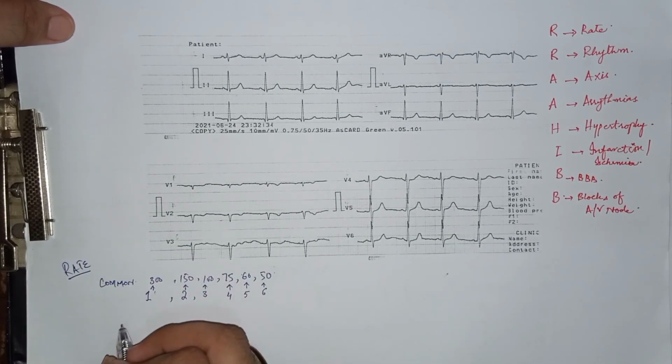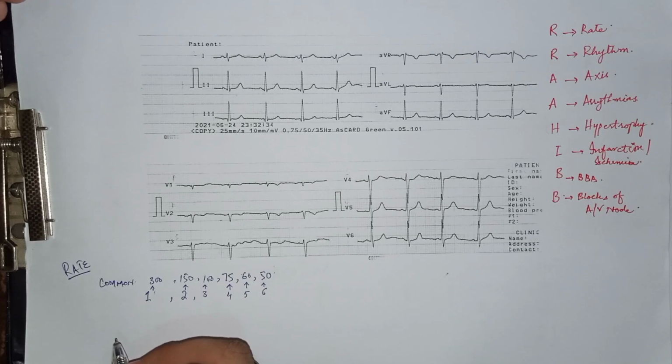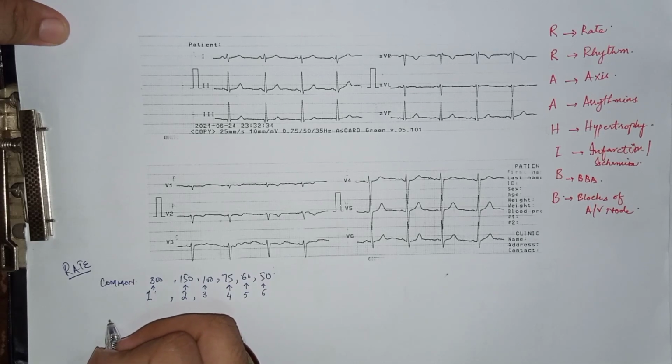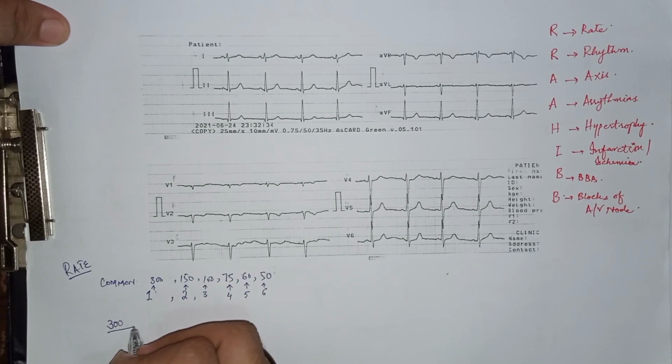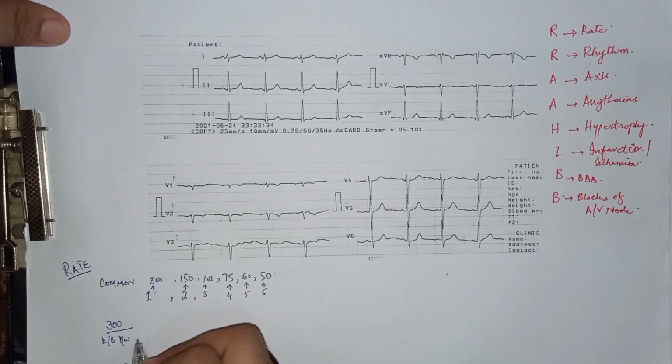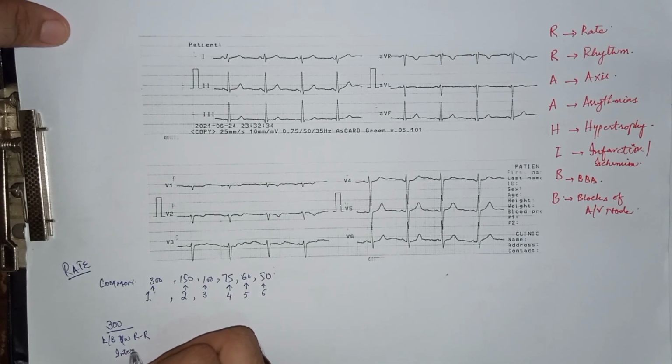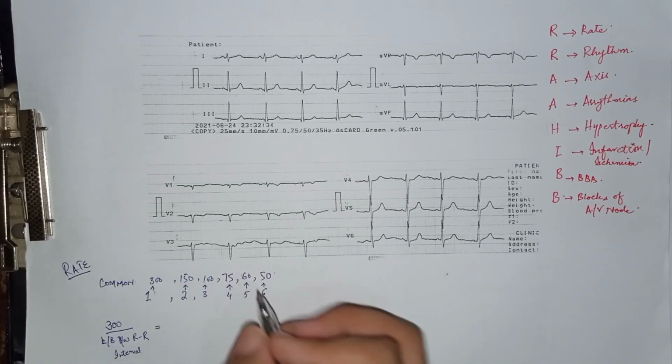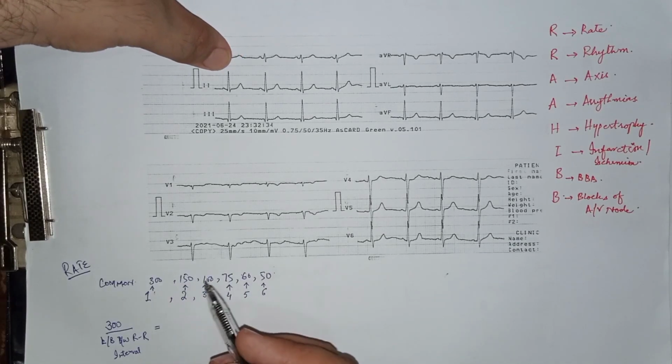The second method is by mathematical calculation. The formula is 300 divided by the large boxes between the RR intervals. So look at this ECG.